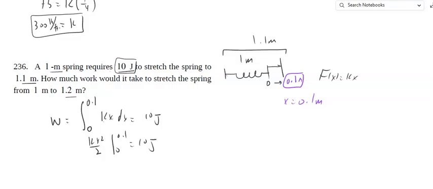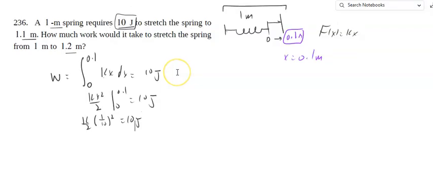And wouldn't that be k over 2 times 0.1, which is 1 over 10, squared? And k over 200 equals 10 joules.